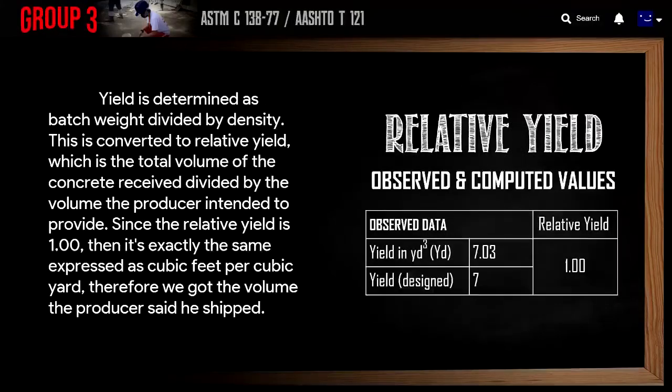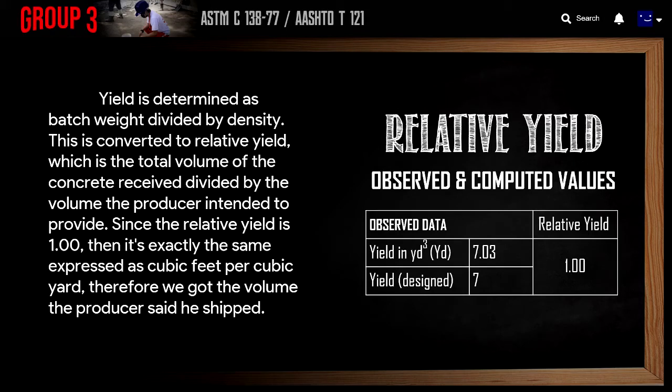Yield is determined as batch weight divided by density. This is converted to relative yield, which is the volume of the concrete received divided by the volume the producer intended to provide. Since the relative yield is 1.00, then it's exactly the same, and expressed as cubic feet per cubic yard, we get the volume the producer said he shipped.